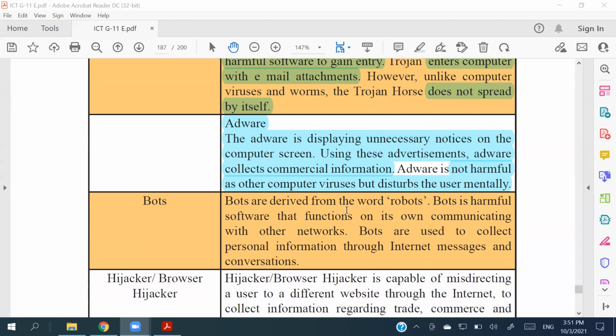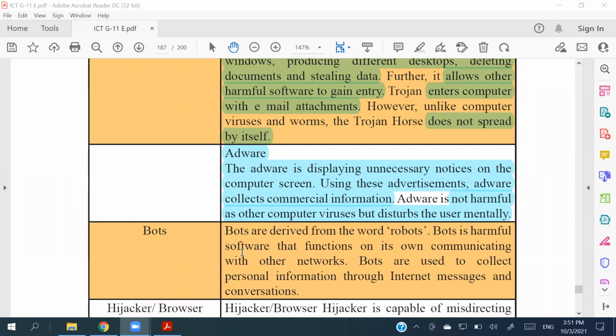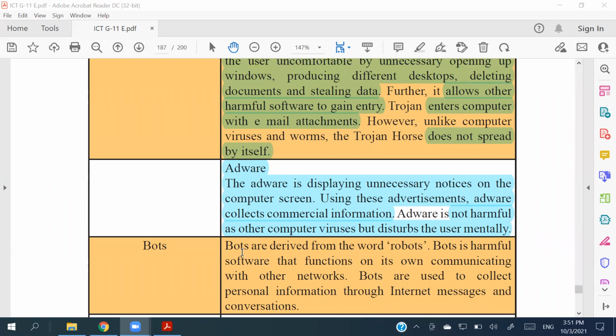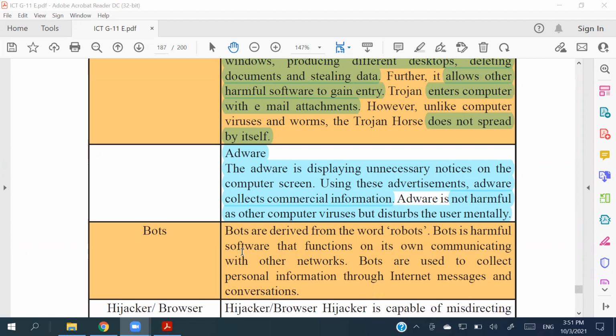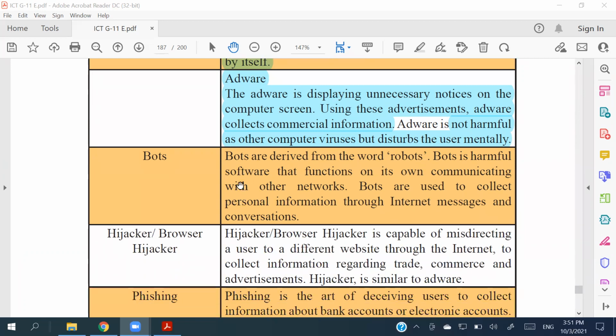Right. So regarding the bots, I think you are finalizing these things. That's why I'm moving forward, right? So if anyone needs me to scroll up again, just let me know. Right. So regarding the bots and hijackers, for bots, you can write this.